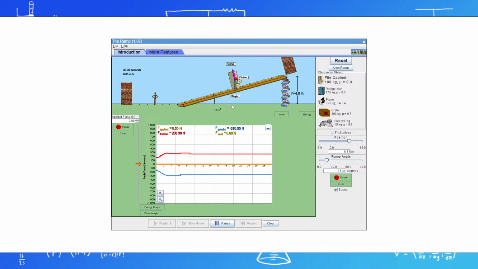If you lift the surface up by 15 degrees, then the normal force will also tilt by 15 degrees so that it's always at a 90-degree angle to the contact surface. But the force of gravity doesn't care, which is why, as you can see in that blue arrow over here, it still points straight down.